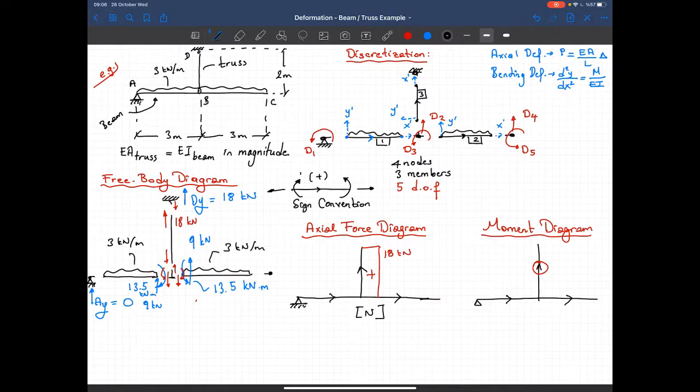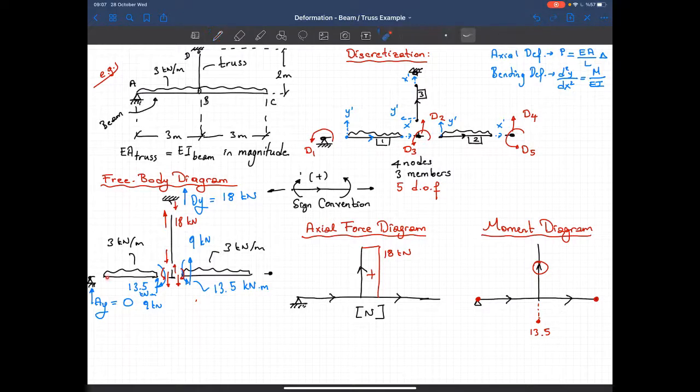So here I got a negative moment here, and the magnitude of that moment is 13.5, and at the beginning of this member it's equal to 0. Let's take a look at the second member, and it's also negative here and 0 at the other end. So this is 0. Now what about the variation?